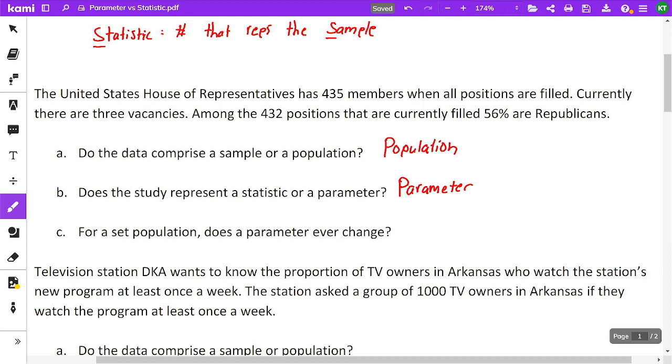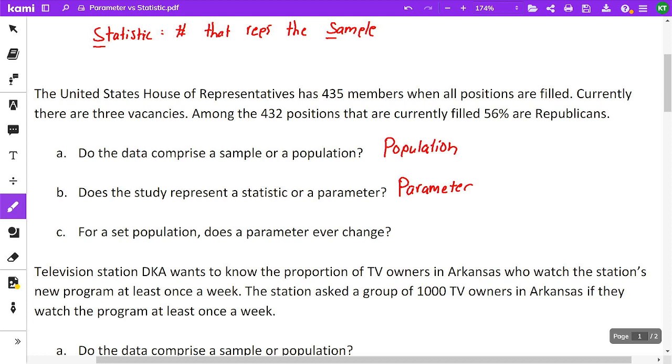So, for this set population that we have here, does our parameter ever change? That's saying, will my numerical value that represents my population ever change? In this case, our parameter looks like it's going to be the 56% filled are Republicans. This will change if our population changes.